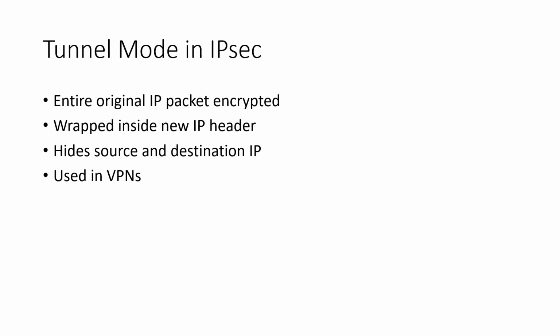This provides strong protection because it hides the original source and destination addresses, preventing traffic analysis and offering privacy at a deeper level. Tunnel mode is typically used in virtual private networks, especially in site to site connections between two secure gateways. It ensures that the internal network structures remain hidden from external observers.